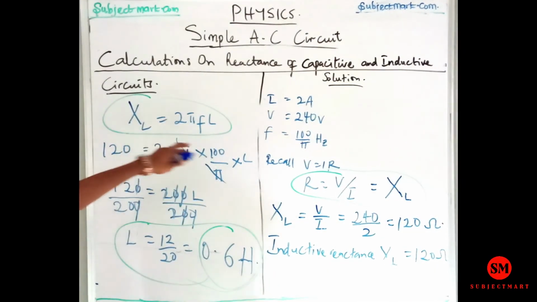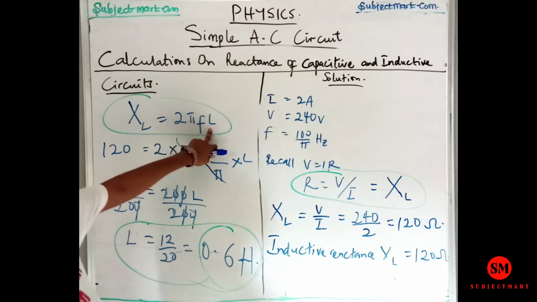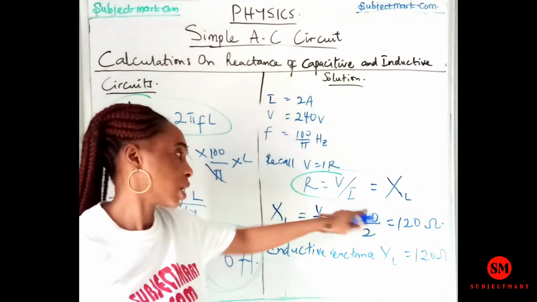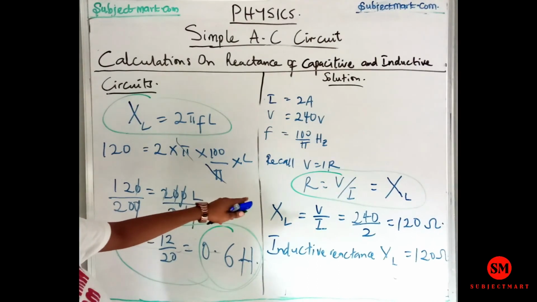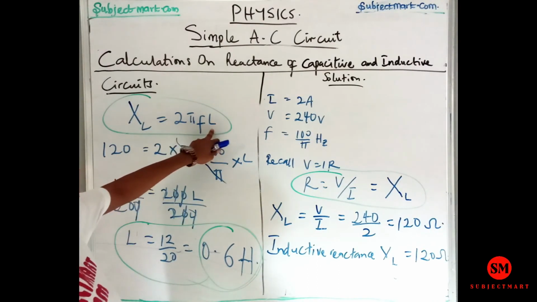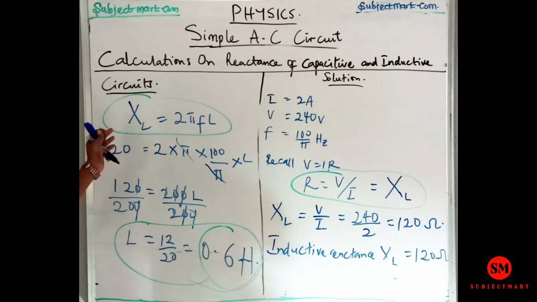In case you don't have the inductor, then you can use current and voltage to get the reactance, just like I did earlier. But in the other case, when you are given the inductance and you are given the frequency, you can just use this particular formula.